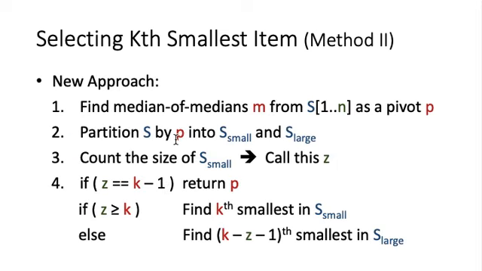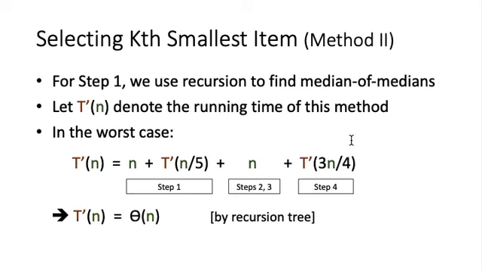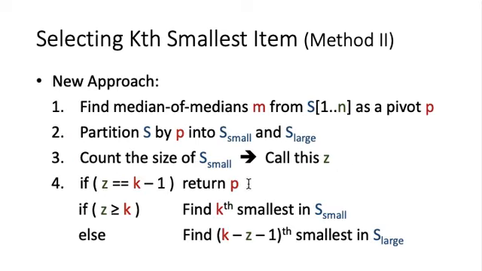Now step 2 is the partitioning step. We have already obtained the pivot, so it takes order n time to do the separation and also to compute the size of S small. And finally, the last step. Either we finish very quickly in constant time, but in the worst case, we will be searching S small or S large.